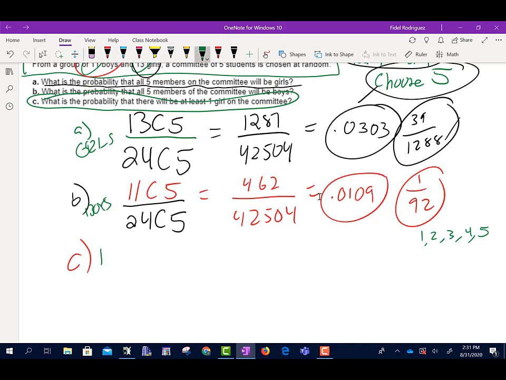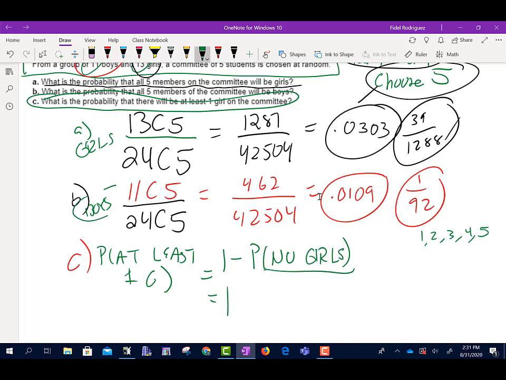So getting the probability of at least one girl will be equal to 1 minus the probability that there are no girls, okay? Well, if there's no girls, that means that they're all what? They're all boys. So a couple of ways I can do this. 1 minus, and I can use my fraction form, 1 over 92, okay?